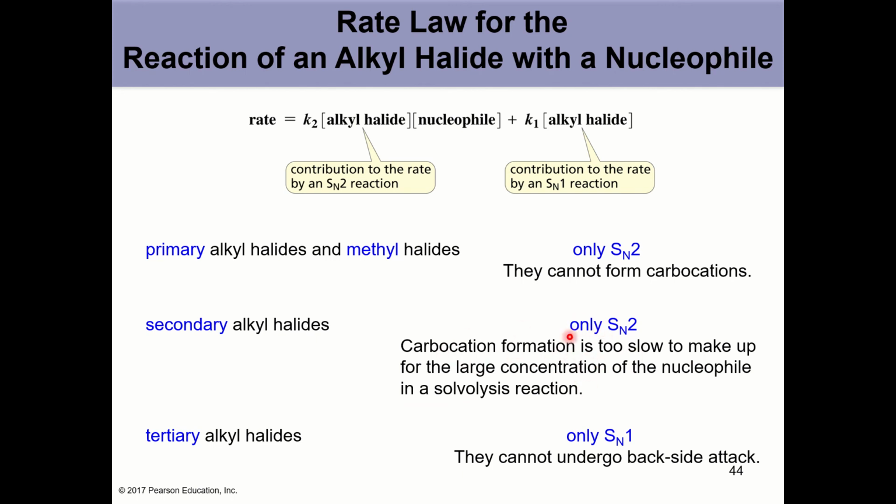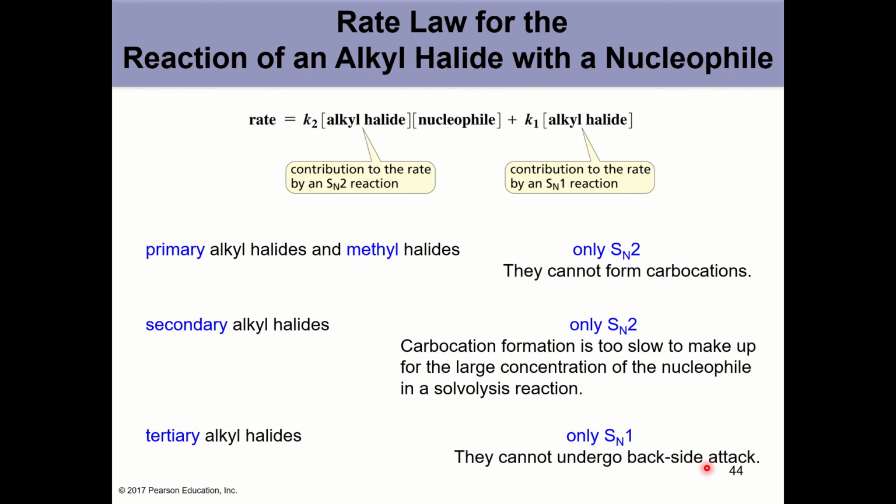And so both SN2 and SN1 are occurring simultaneously, but SN2 occurs more quickly than SN1. For the tertiary alkyl halide, only SN1 is occurring. They cannot undergo backside attack.